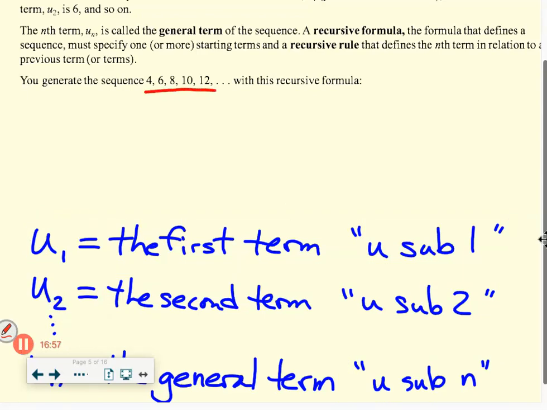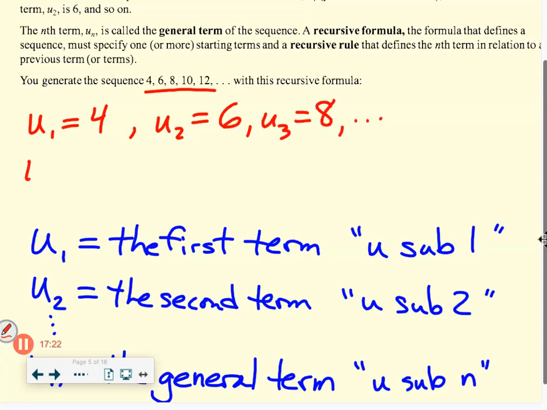So it's 4, 6, 8, 10, 12, and so forth. So for this sequence, what is U sub 1? 4. Very good. That would be your first term. Let's just see if you know what the next term is. What's U sub 2? 6. What's U sub 3? 8. All right, got that.